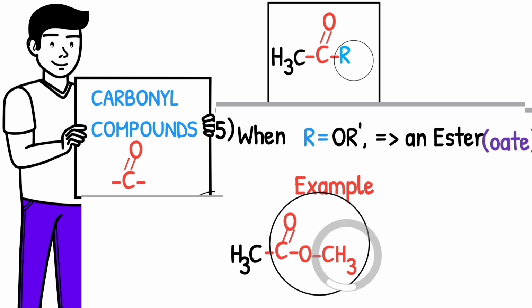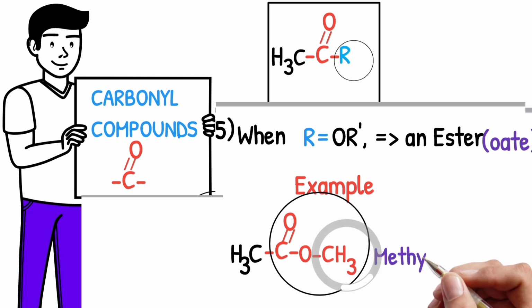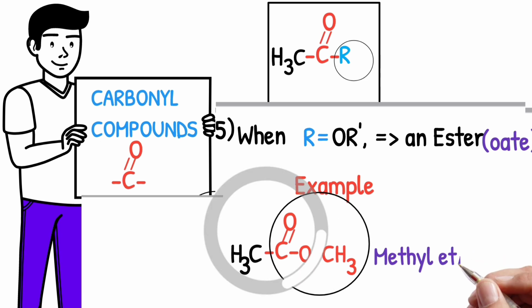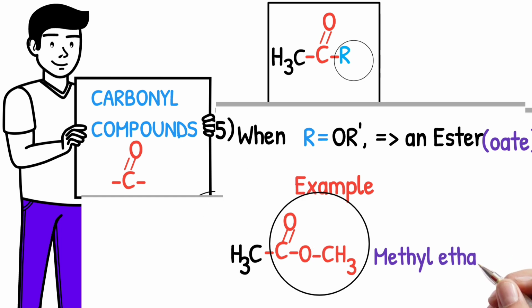We name the group attached to the oxygen atom first, which is methyl. This group that is attached to the oxygen atom is the methyl group. And then we proceed to naming the carboxylic acid substituent. This way we have our carboxylic acid part with 2 carbon atoms. And since there are 2 carbon atoms, the name has to start with ethane.